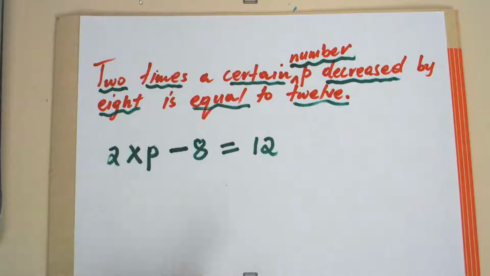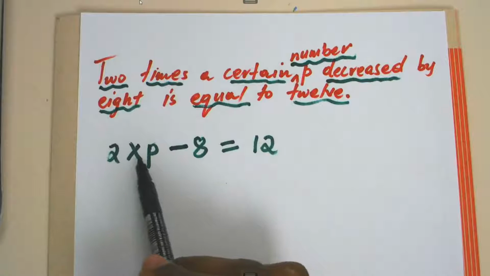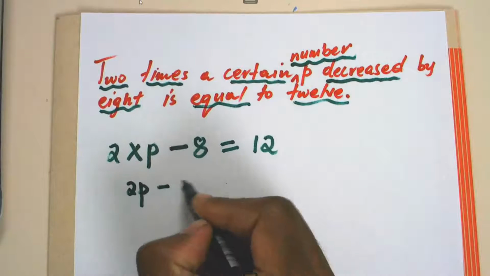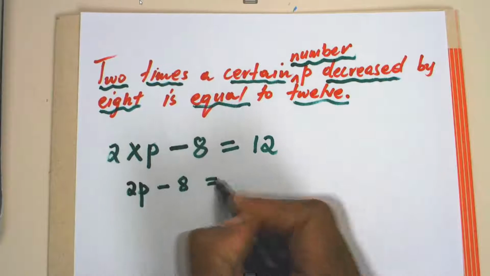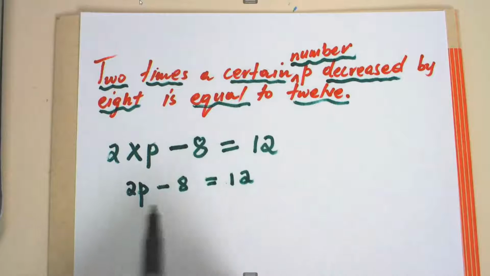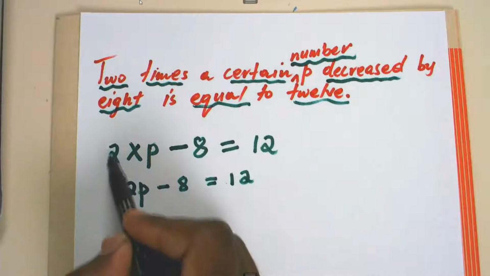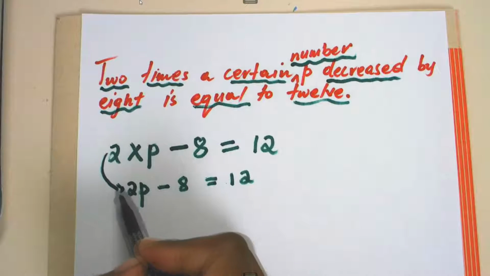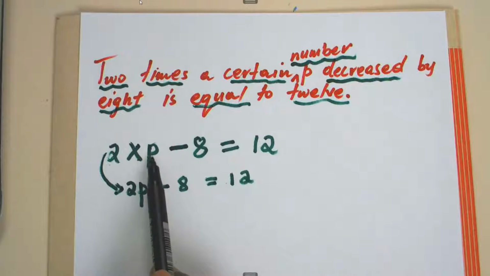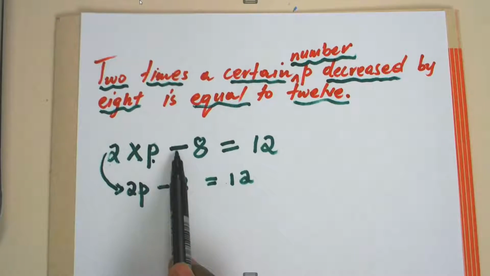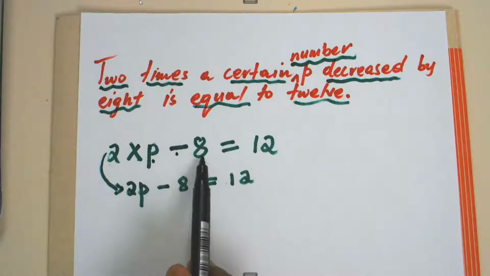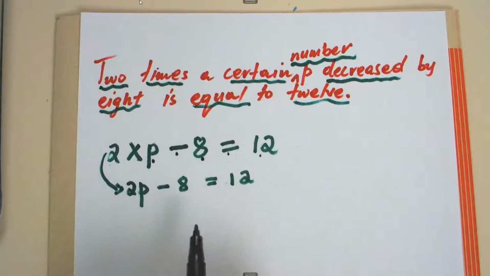So in short again, guys, remember we said 2 multiplied by p is the same as 2p, minus 8, equals to 12. So this is how it's written. 2 times a certain number p is decreased by 8, is equals to 12.